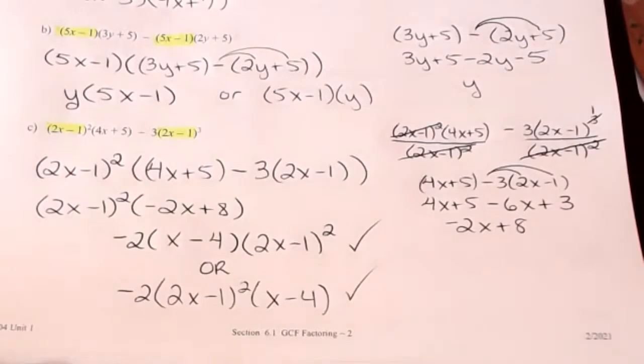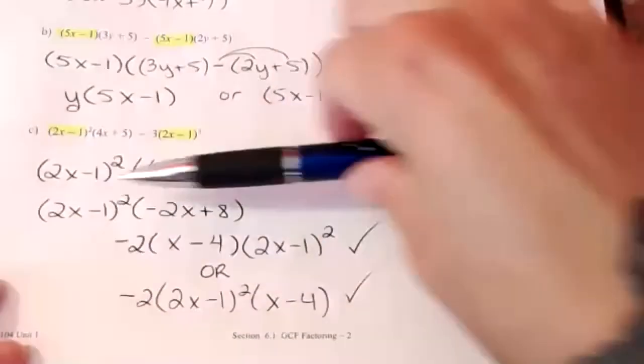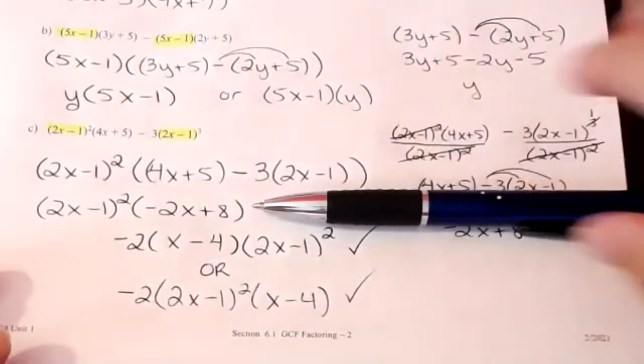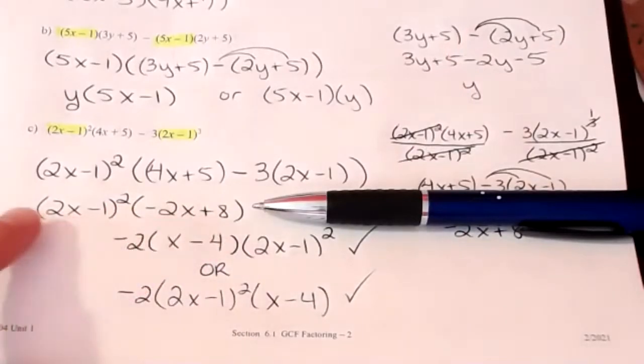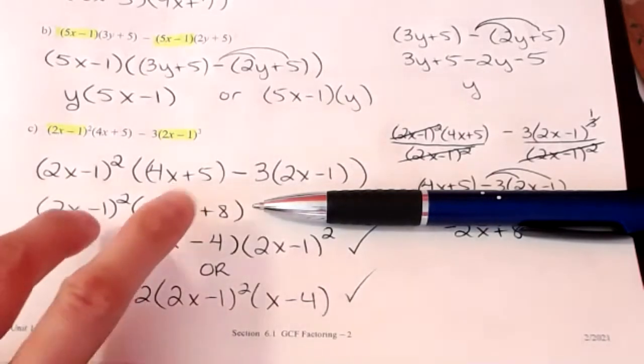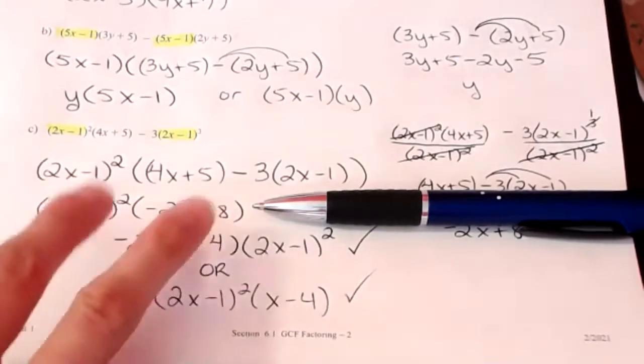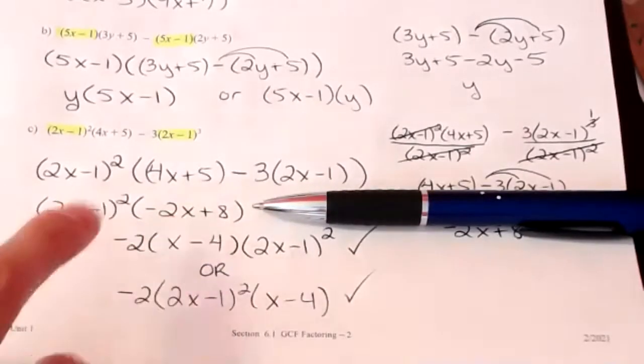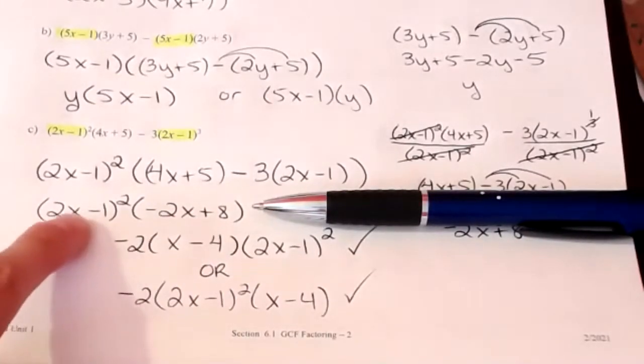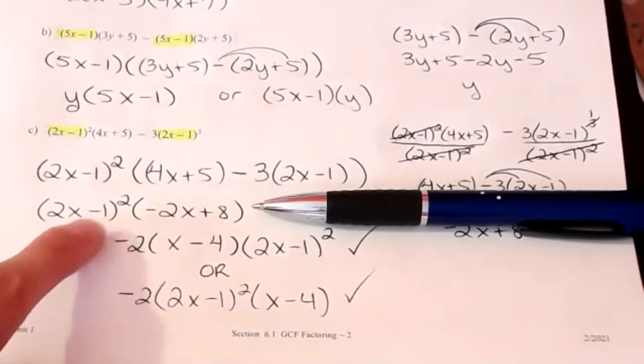What ended up happening is that after we factored out that GCF and we were left with this particular factored expression, what we always have to do as mathematicians is break it down completely. Believe me when I say you're going to end up doing this a lot: we have to double check to make sure that these can't be factored anymore. For instance, the 2x minus 1 has no GCF other than a 1, so we leave that alone.